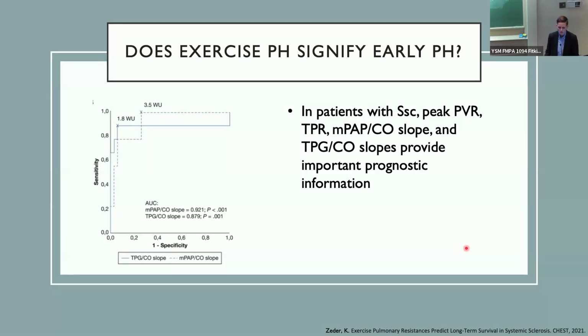In this population, it was found that PVR and TPR at peak exercise were associated significantly with age-adjusted mortality. On the left as well, we see the ROC curve for predicting 10-year mortality for the mPAP to cardiac output slope and the TPG to cardiac output slope, which showed that a pulmonary artery pressure to cardiac output slope of around 3.5 Wood units has excellent discriminatory ability.